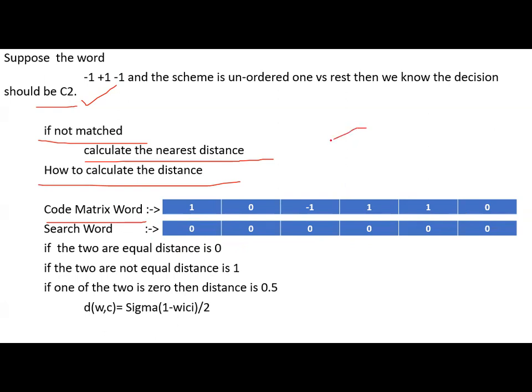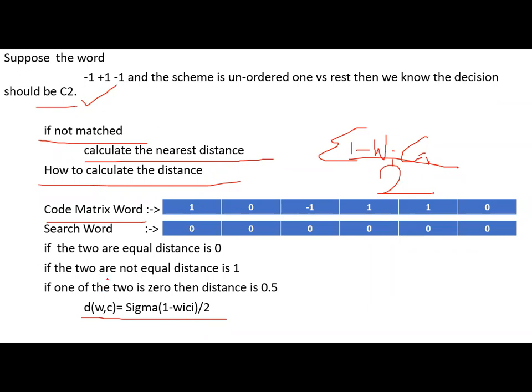We have to apply sigma of 1 minus WI CI by 2. If we apply this, we'll get 0.5. So this is called D of W, C is equal to sigma of 1 minus WI CI by 2.